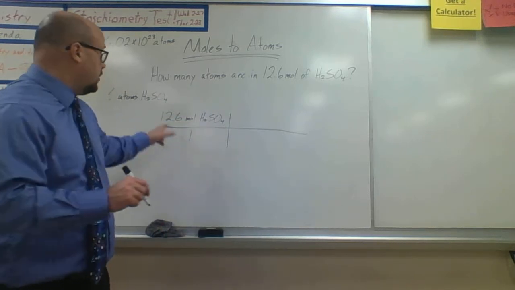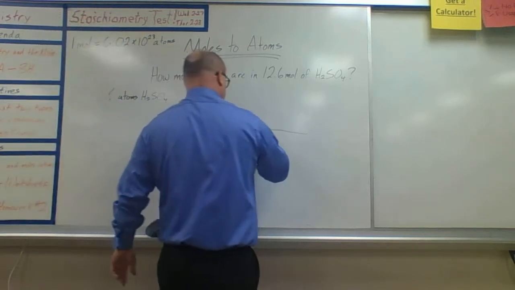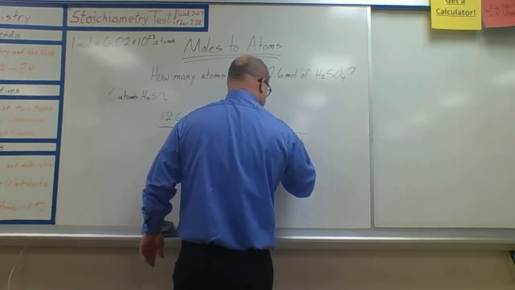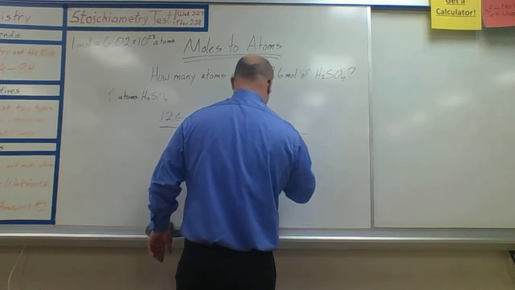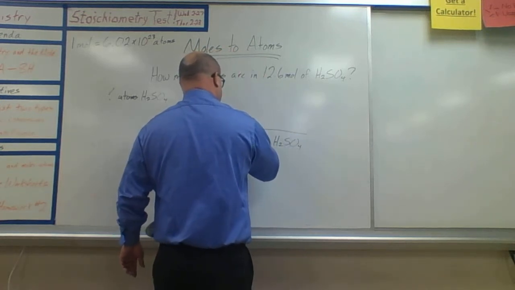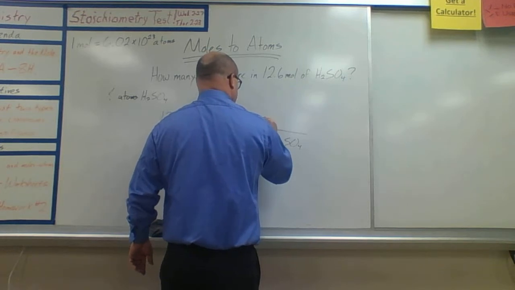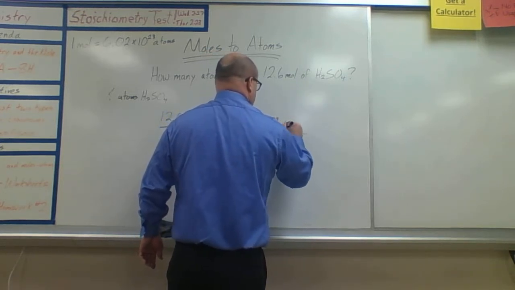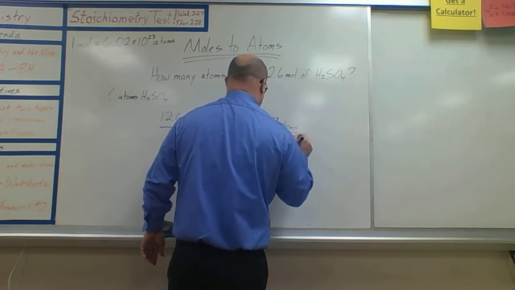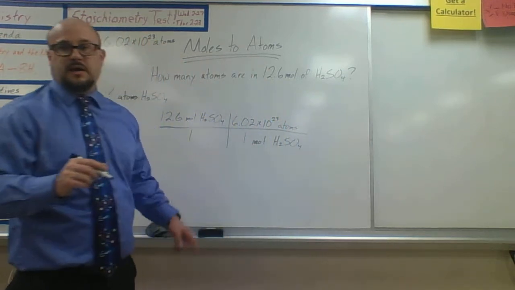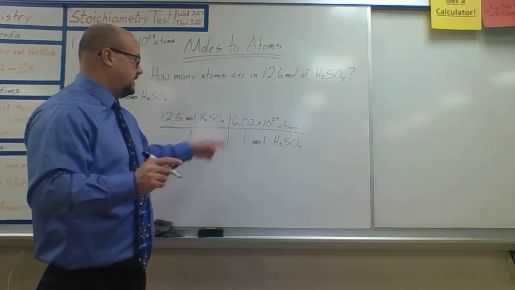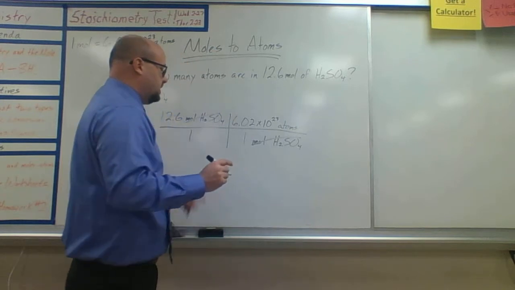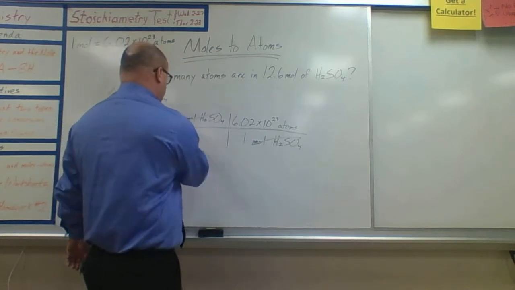So we're going to say 1 mole of H2SO4 is equal to Avogadro's number, 6.02 times 10 to the 23rd atoms. Now, at this point, you're going to want to cancel out your moles. The bottom is just 1, so we can disregard that.